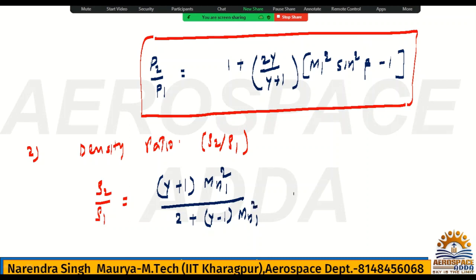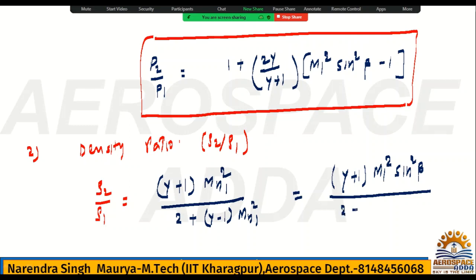Instead of Mn1, you know it is M1 sine beta. So it is gamma plus 1 M1 square sine square beta over 2 plus gamma minus 1 M1 square sine square beta. This is the formula for rho 2 by rho 1 in oblique shock.